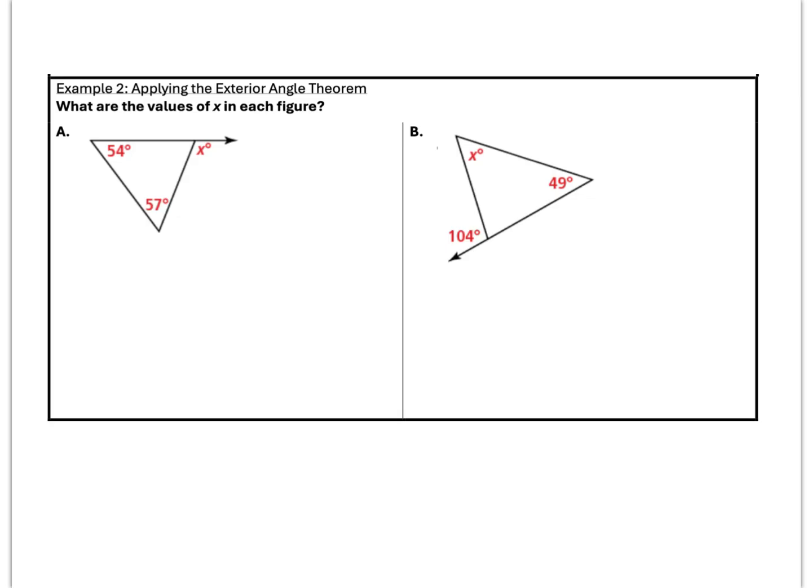I'll subtract 161 on each side to get y equals 19. For our final example here, notice that the triangles both have exterior angles. So I know it's an exterior angle when it's outside the triangle. So we have an exterior angle over here is x, and in the second picture, the exterior angle is 104. Remember, by the triangle exterior angle theorem, the exterior angle is equal to the sum of the remote interior angles.